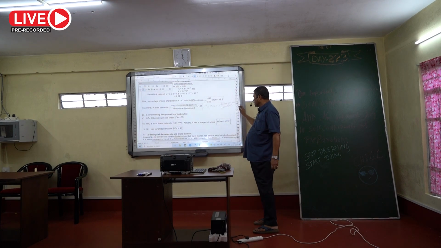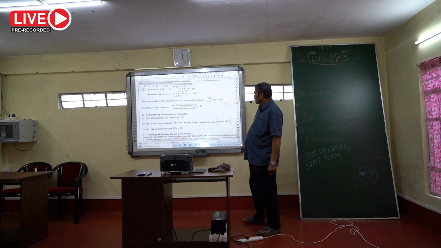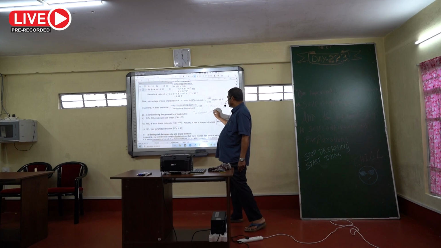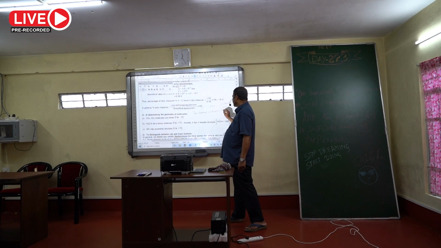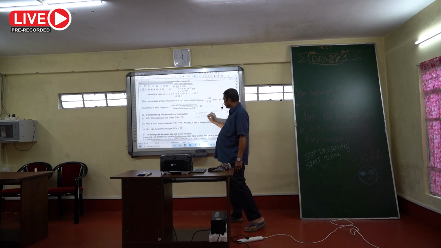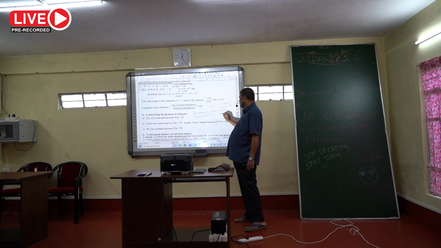Write one problem based on this. The observed mu value of HCl is equal to 1.03, and the bond distance is equal to 1.27 angstroms.